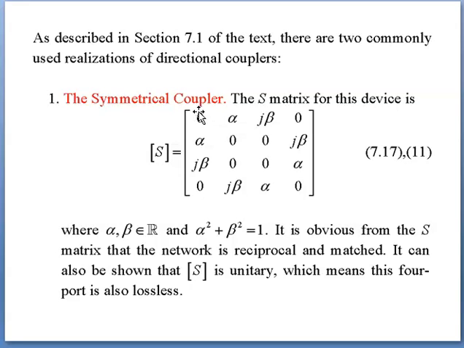Meaning that if you slash over here, you have alpha, alpha. So your S12 will be equal to S21, your S13 will be equal to S31 and so on. So it is obvious from this matrix that the network is reciprocal and matched. It can also be shown that the S matrix is unitary, which also means that it is lossless.